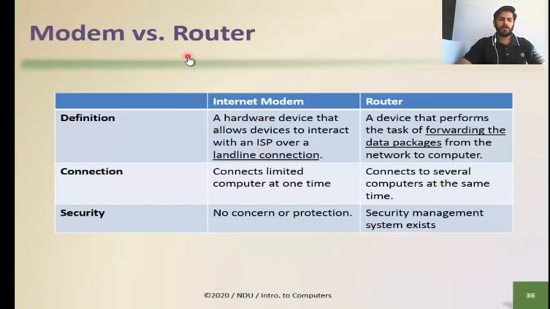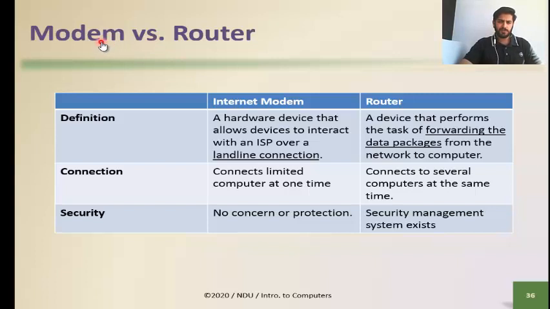Okay, then we discuss a little bit about the difference between modems and routers. There is a misunderstanding in the market that they are the same device, but that is not the case. They are not the same devices.